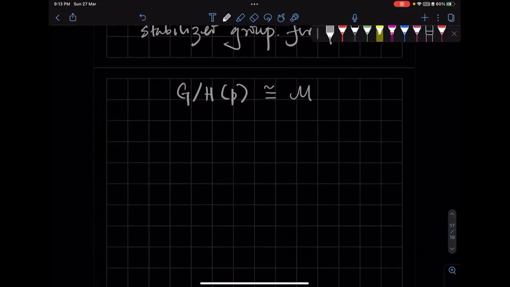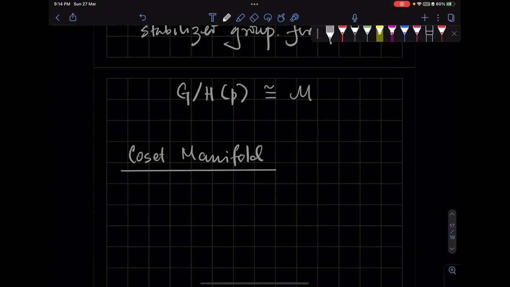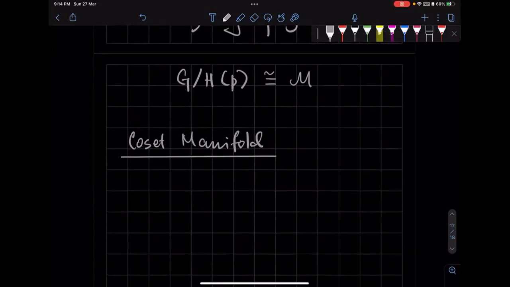So before we go to the orbit stabilizer theorem, let me just motivate the idea of a coset manifold. Okay, so what is a coset manifold?